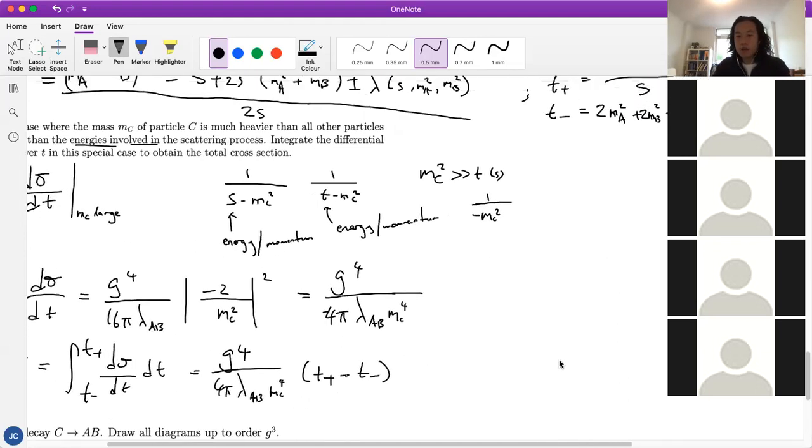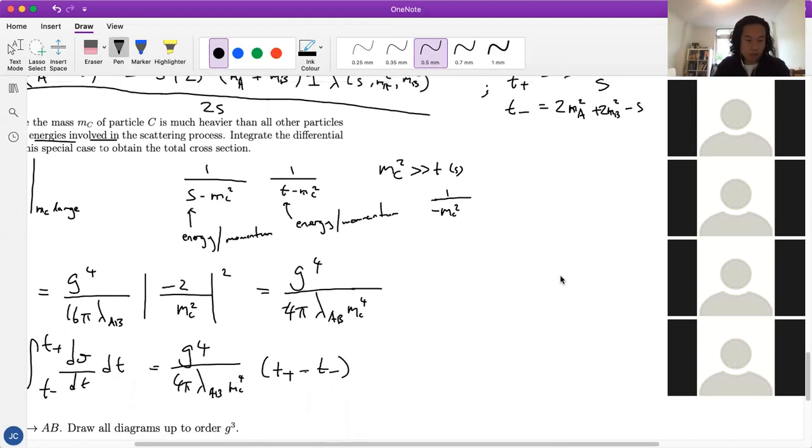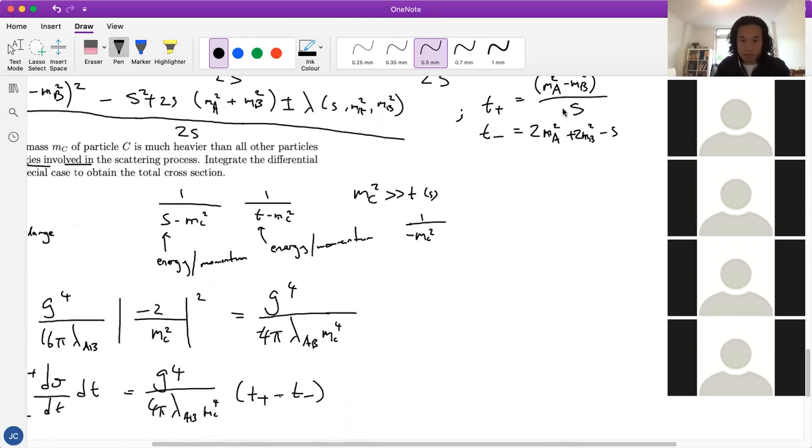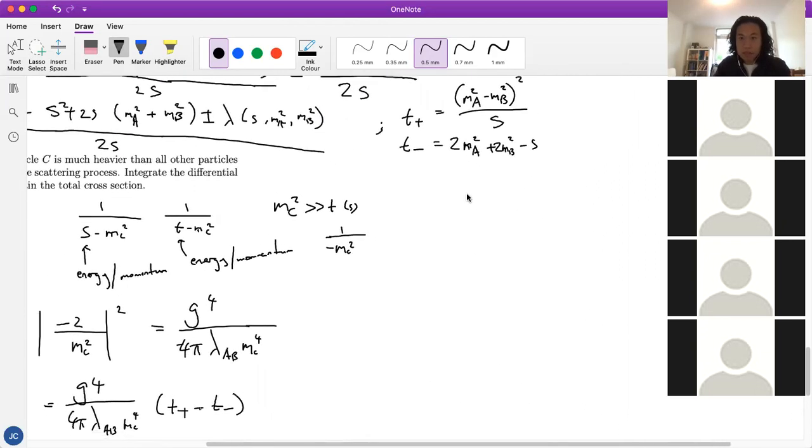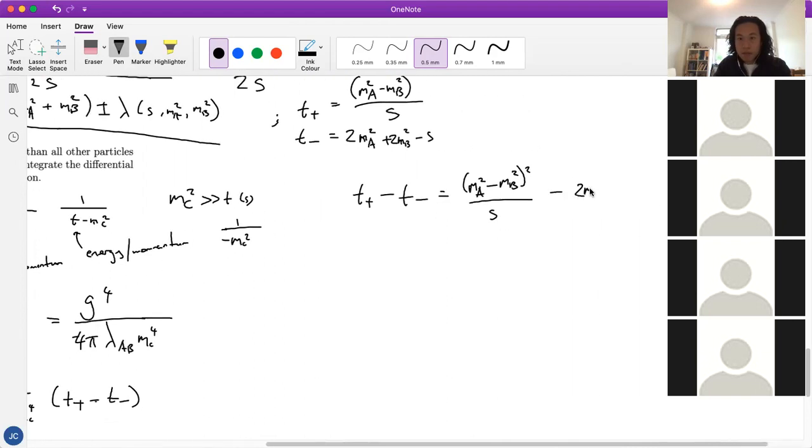Okay, so to make this neater, we're going to look at what t plus minus t minus is. So t plus minus t minus is equal to ma squared minus mb squared divided by s, minus 2ma squared minus 2mb squared plus s.